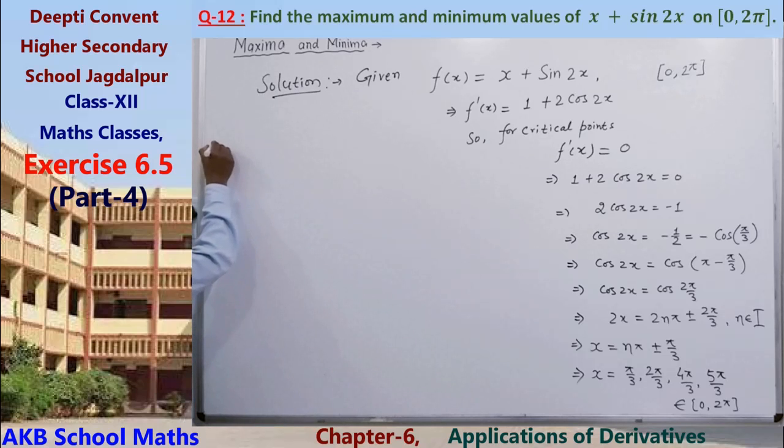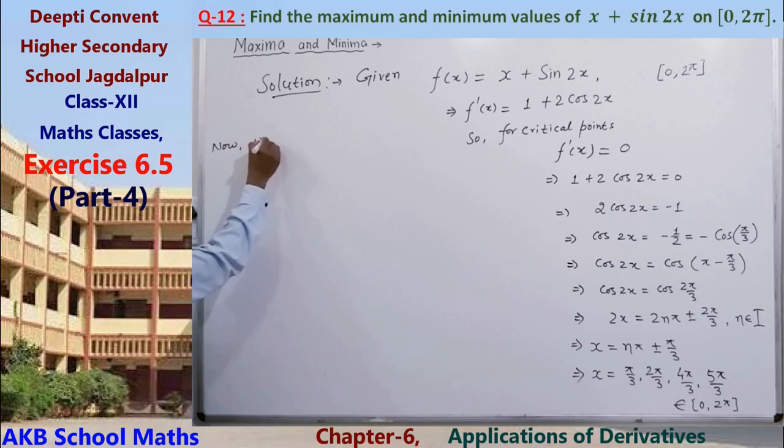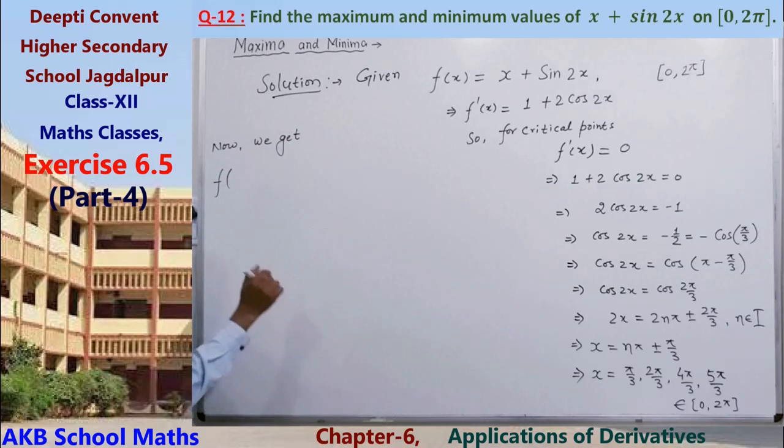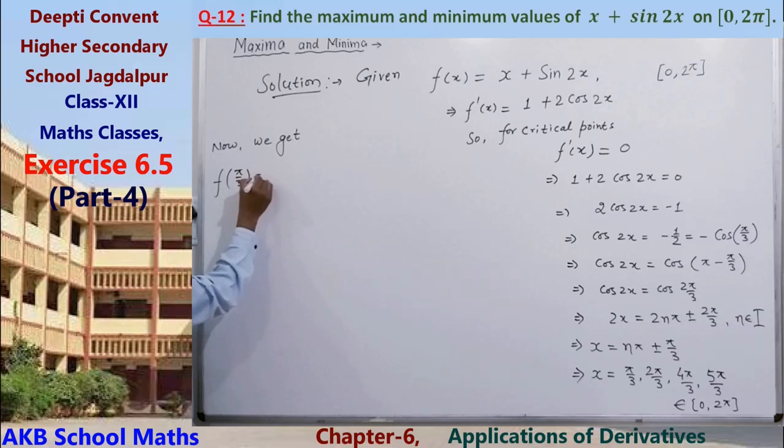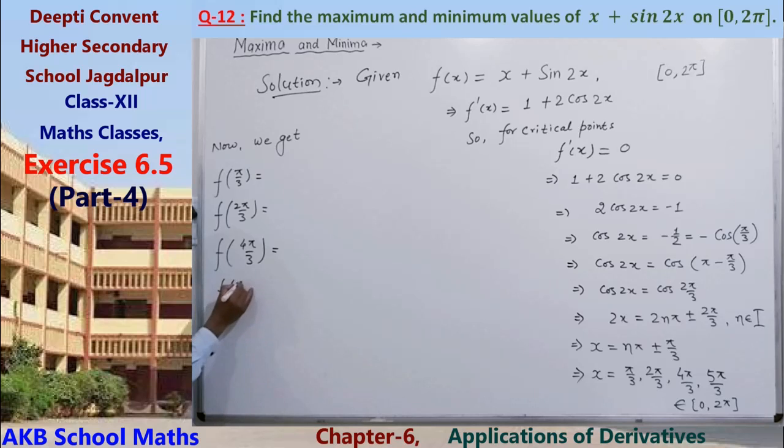Now we get f of the first value pi by 3, the second value 2 pi by 3, the third value 4 pi by 3, the fourth value 5 pi by 3, and f of 0 and f of 2 pi. We have to find all these values.